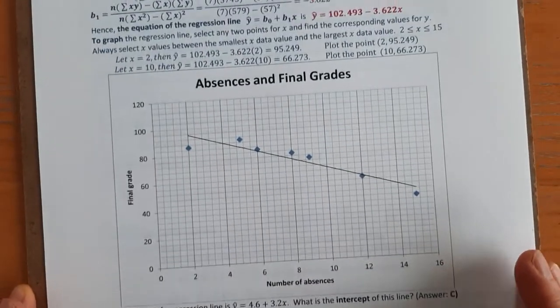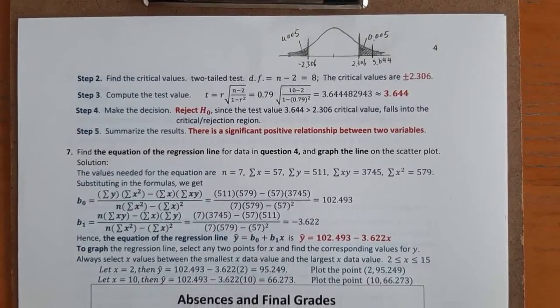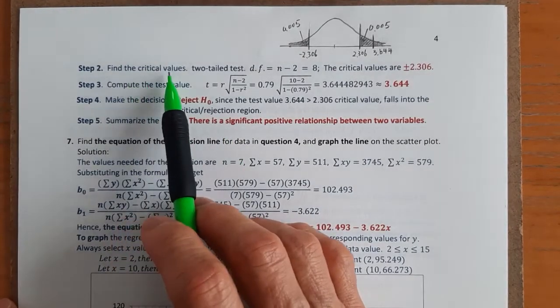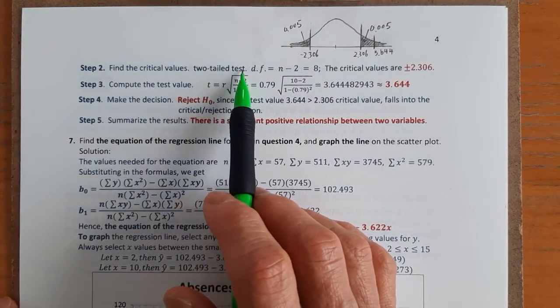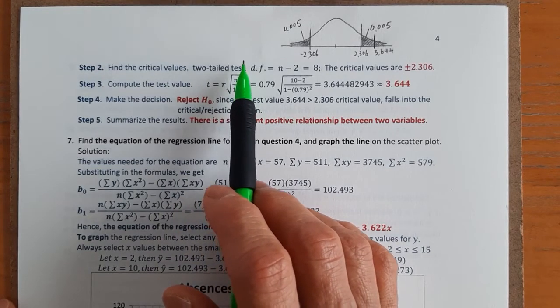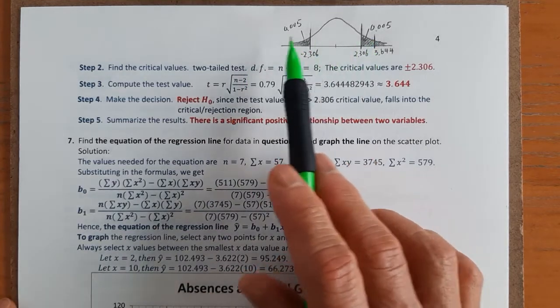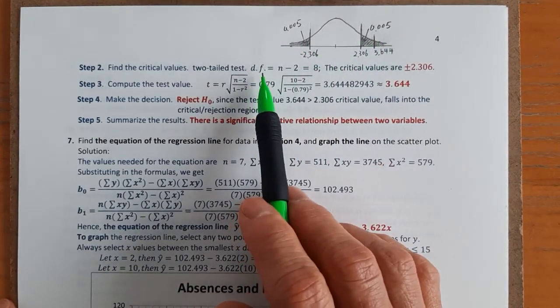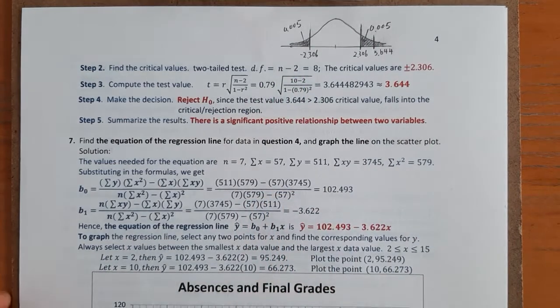Then step 2. We will find the critical values. Since H1 is not equal to 0, it's a two-tail test. Degrees of freedom is n minus 2. What is n?